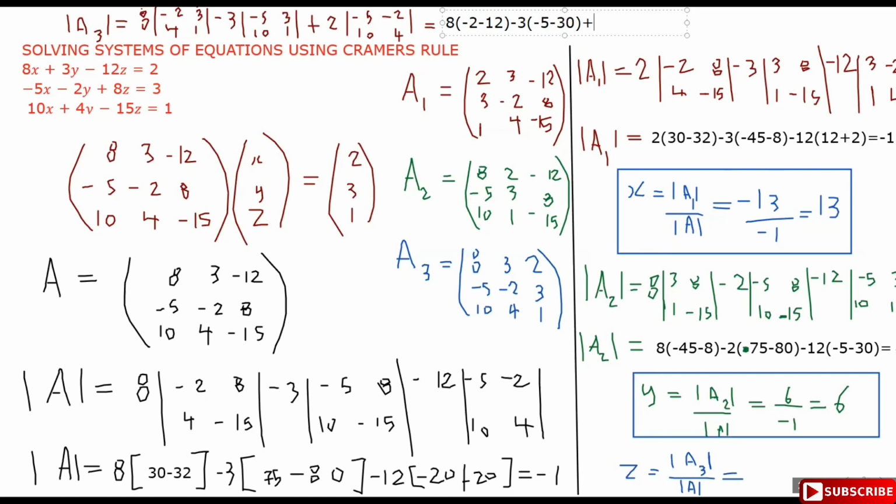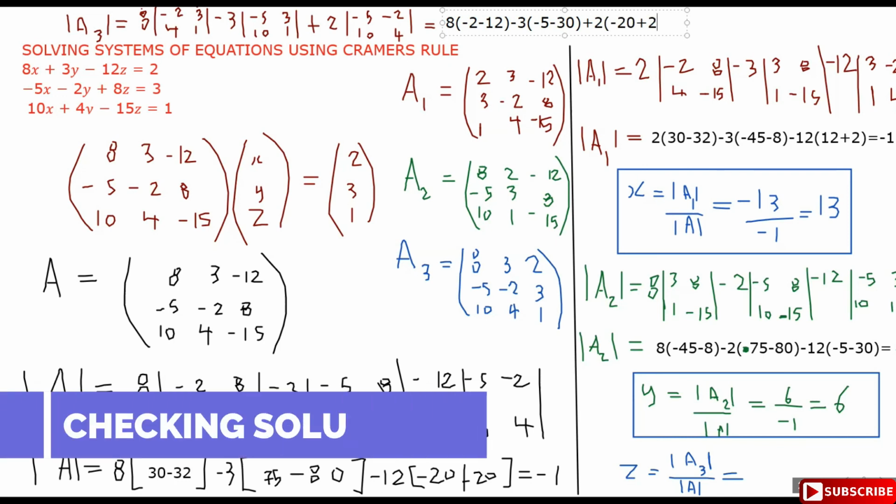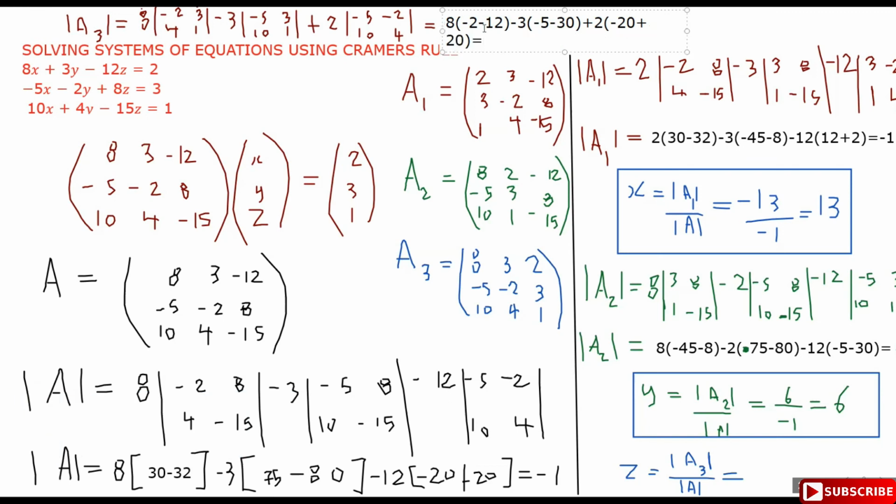Then we're going to have plus 2 times in bracket minus 20 plus 20, and we work that out, and I get negative 7. So this works out to be negative 7.